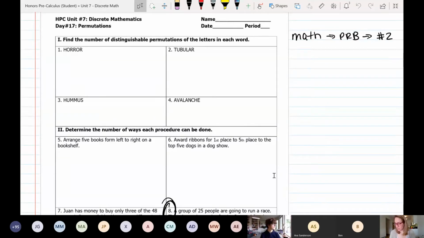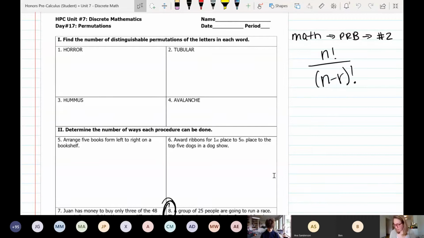Now, the actual formula for this is n factorial over n minus r factorial, right? When we were doing the example problem together, this one's kind of easy to see visually, why this formula matters.